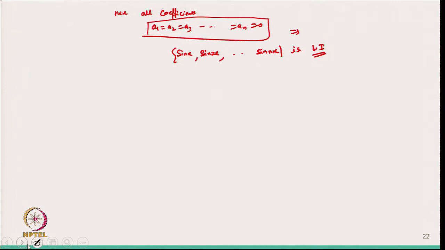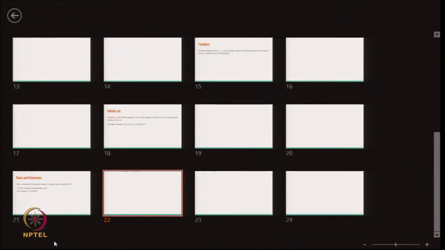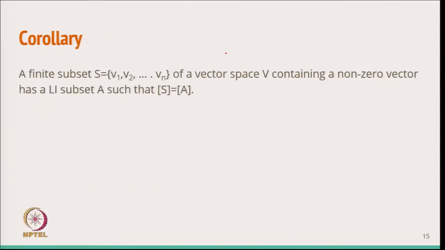Now, in the previous class we have also started this property. This is a very useful property, so I want to discuss this property again here. In this case, we have any finite subset of the vector space V containing a non-zero vector has a linearly independent subset A such that this holds.